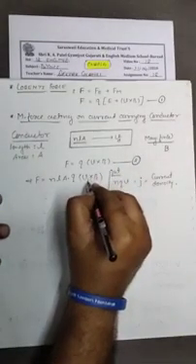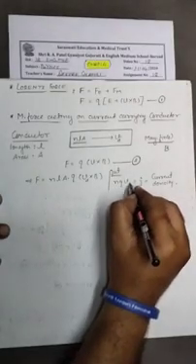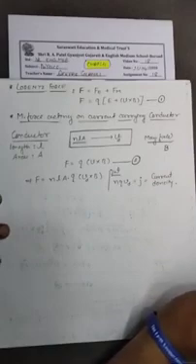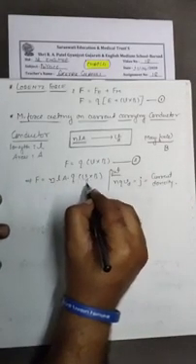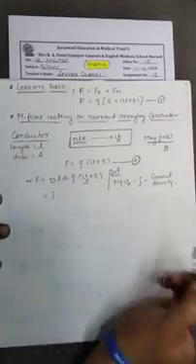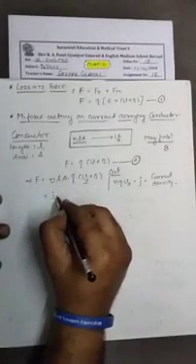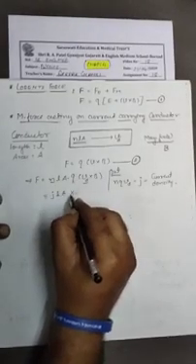So N q Vd is known as J. Instead of N q Vd, write down J. So our equation becomes J L A as it is, cross B.